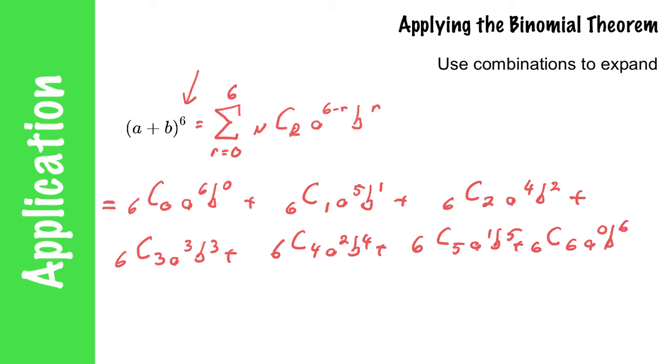So I'm hoping you can see that the a's start at 6 and work their way down to 0. And the b's start at 0 and go the opposite way.